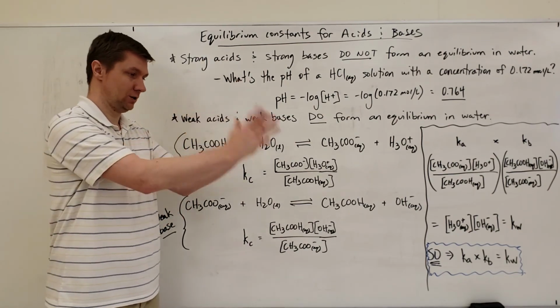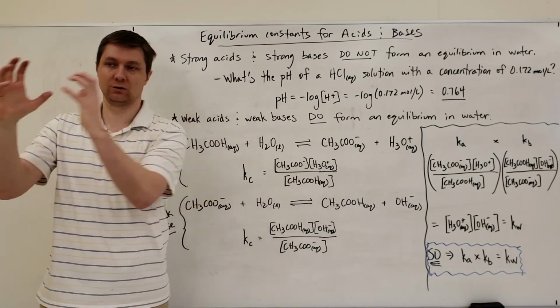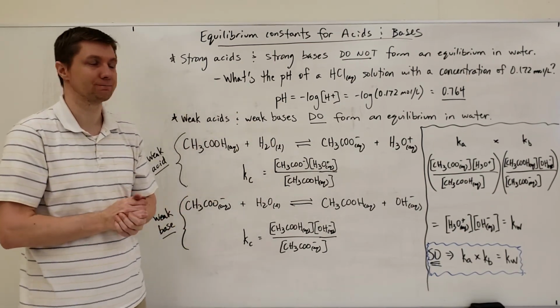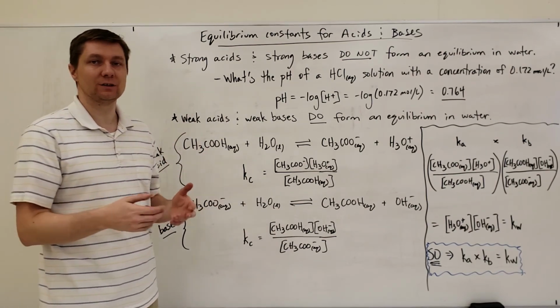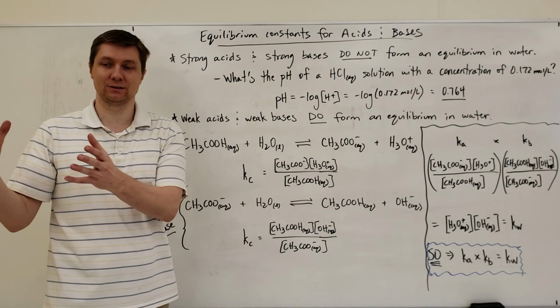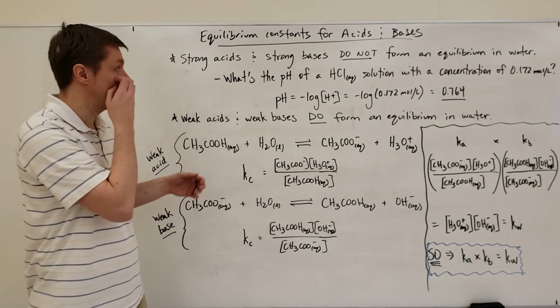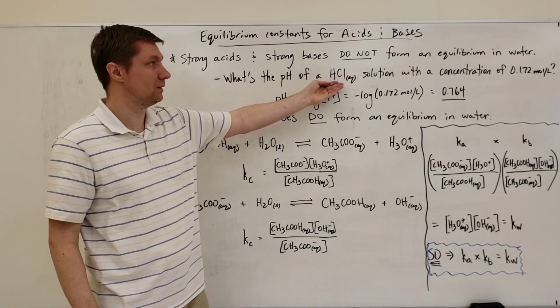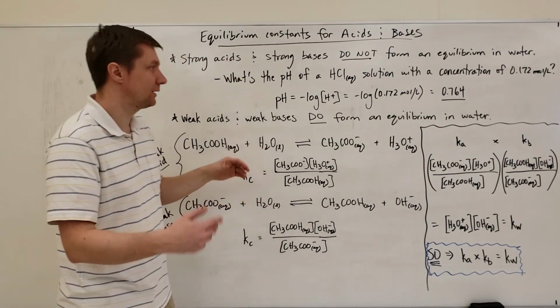It's just, here's what I put into water, it separates into these things, all of this turns into all of that. There's no back and forth, no forward and reverse reaction. And so if we were to do a simple calculation with this, because strong acids, in this example, ionize 100%, then if I'm asked to calculate the pH of hydrochloric acid, that has a concentration of 0.172 moles per liter, then I can easily do this.